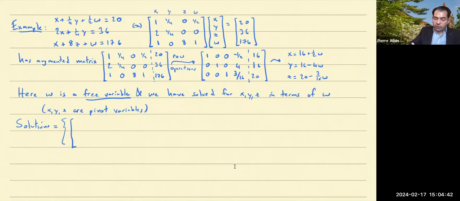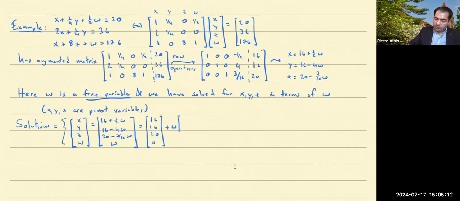So you could say the solutions are all of the vectors x, y, z, and w, where x is given by 16 plus 1/2 w, y is 16 minus 4w, z is 20 minus 3 over 16 w, and w is just w. And then you can write this as the terms that do not have a w plus w times the coefficients of the terms that do have a w.